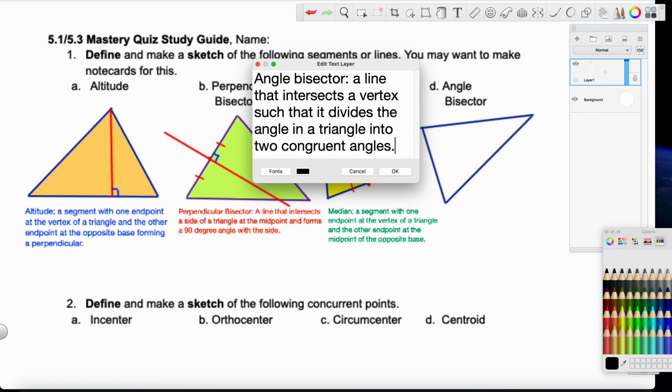Let's see, a line that intersects a vertex such that it divides the angle into two congruent angles. Okay.